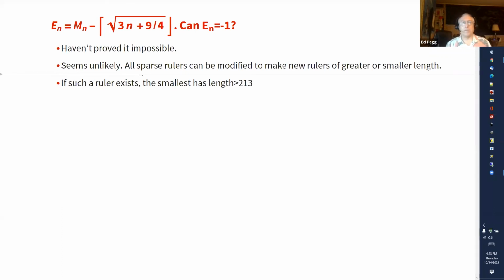It would basically cause a big splash in this Dark Mills pattern. And it's been proven that there is no such case of length 213 or less. I don't think a counterexample exists for this, but I don't have a proof yet.